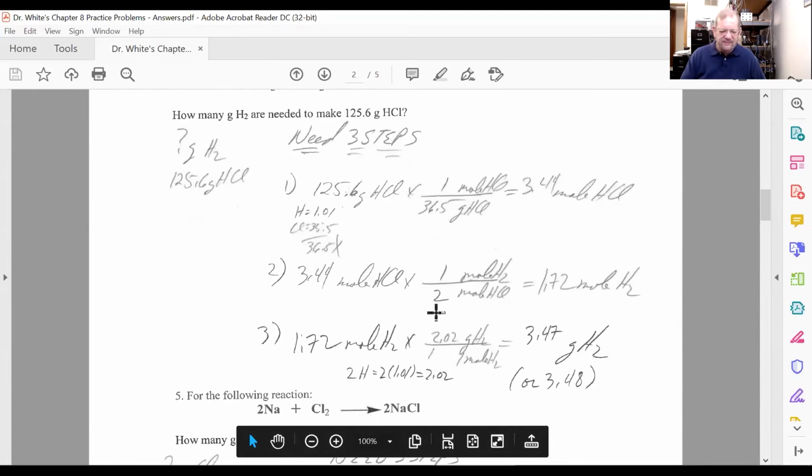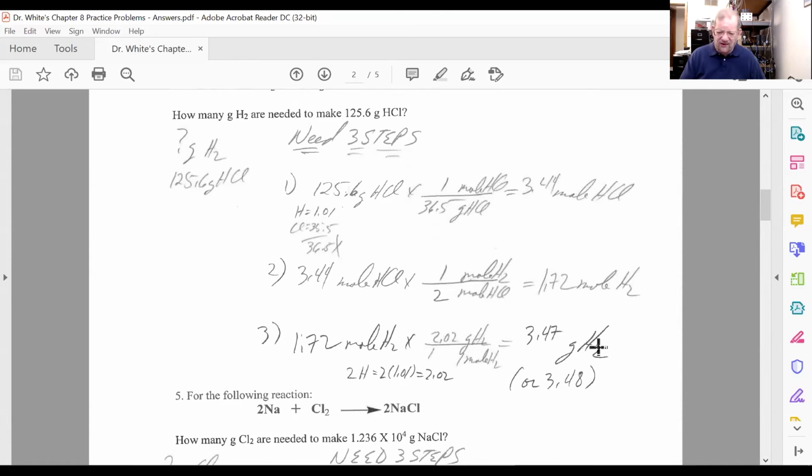And here I take whatever units I'm trying to get to. That's what my good buddy, my good friend unit analysis tells me to do. And I put it on top of the ratio. Whatever I'm trying to get rid of, I'll put underneath the ratio. And where do I get these numbers? 1 mole of a compound equals its molecular weight. 2 hydrogens, 2 times 1.01.